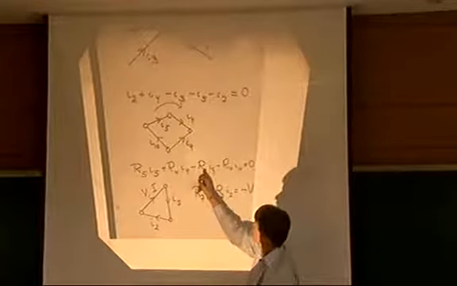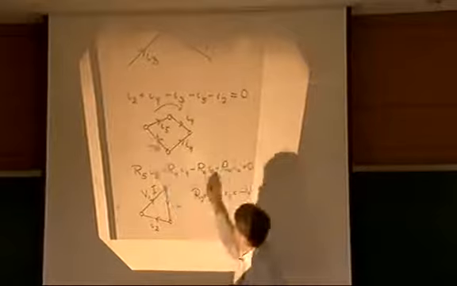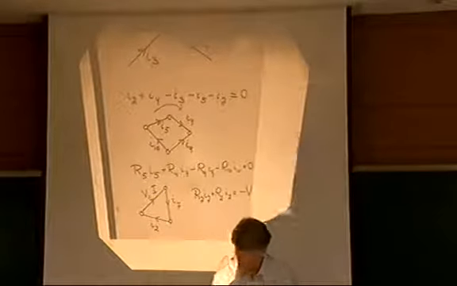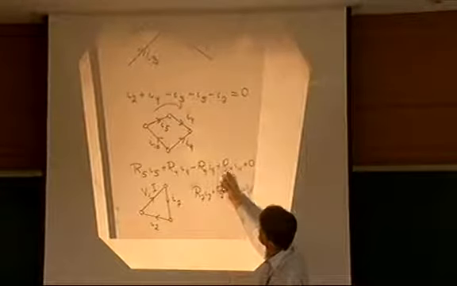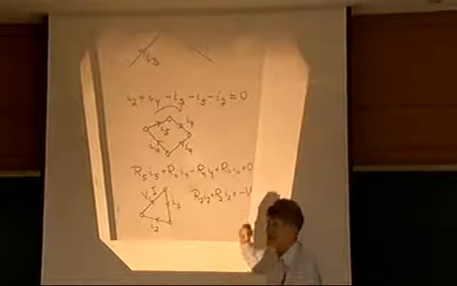Minus I9 times the resistance, and plus, that should be a plus actually, I10 multiplied by the resistance, that should be 0.